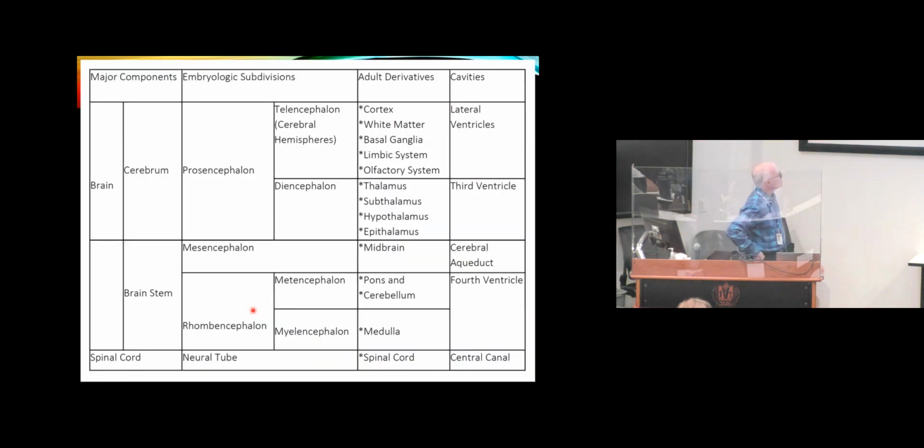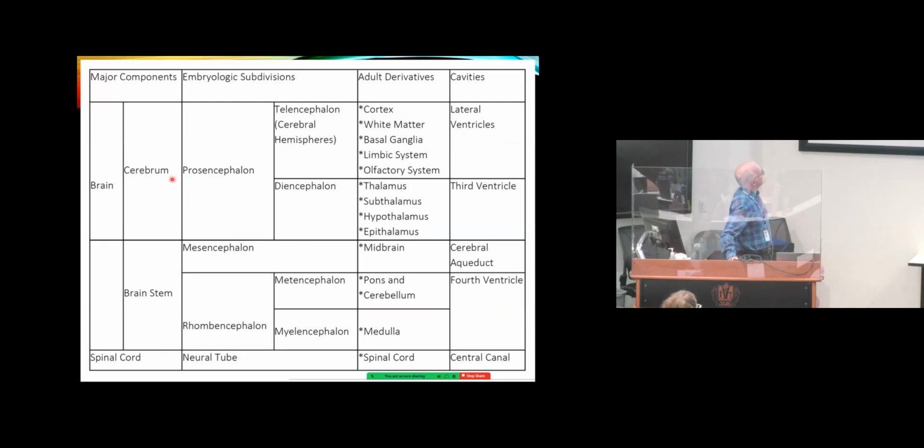So let's start with the embryologic division of the central nervous system, which consists of the brain and the spinal cord. The brain we can divide into a cerebrum and a brainstem.